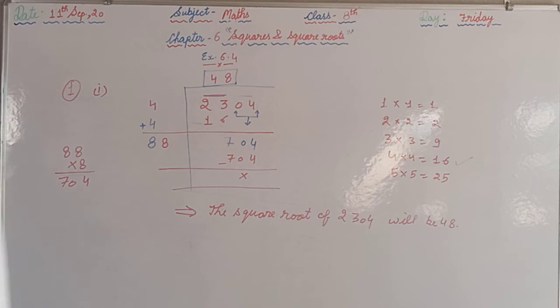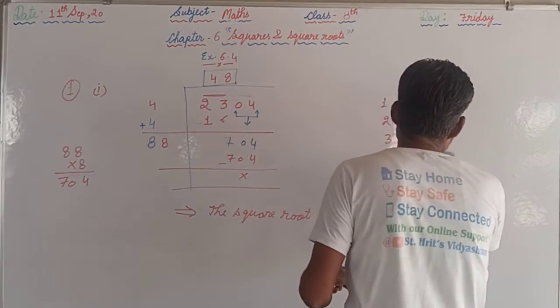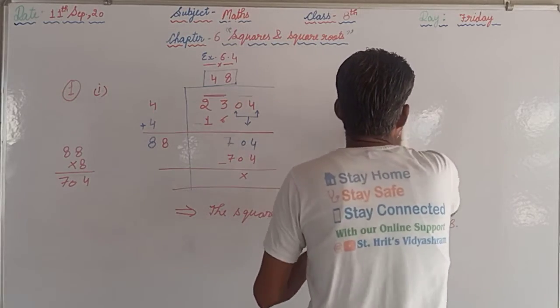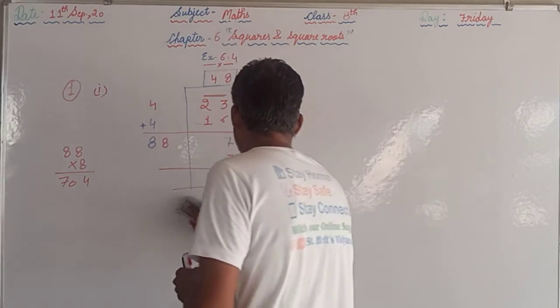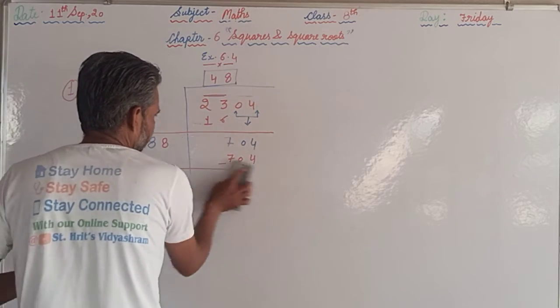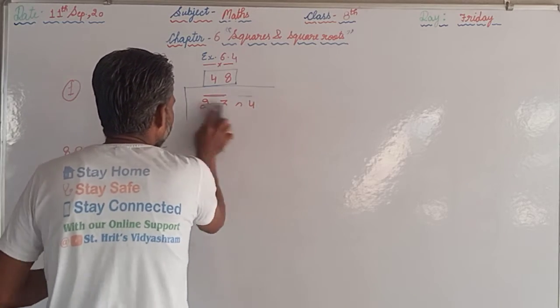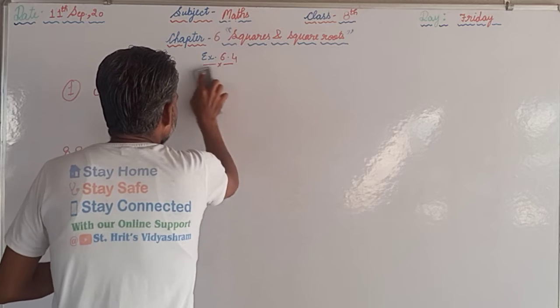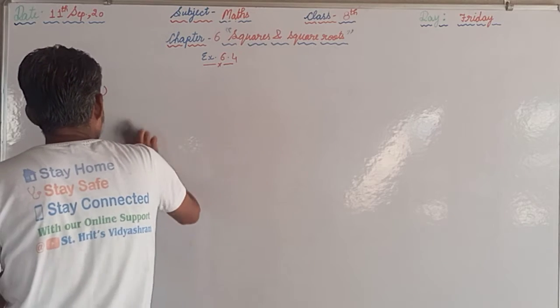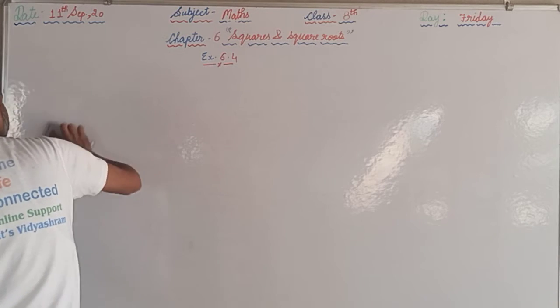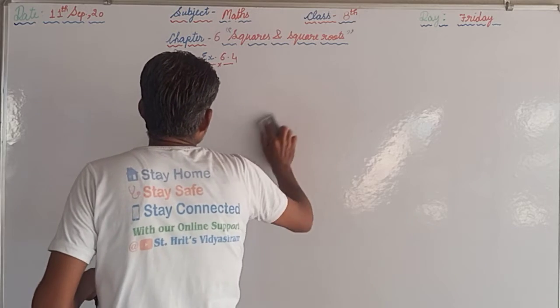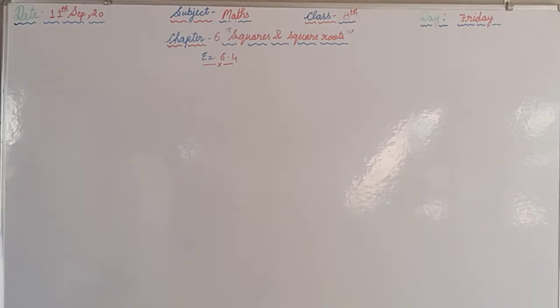At the same time we will take one more part so that you can understand the method easily. The second part is 4489.